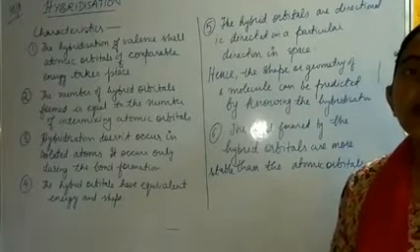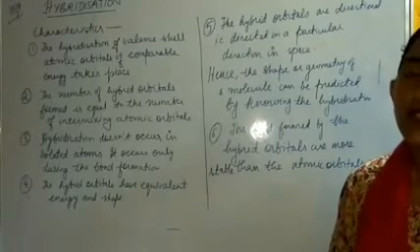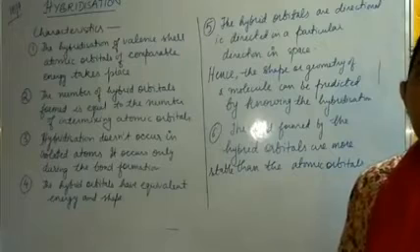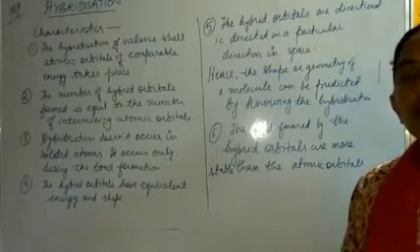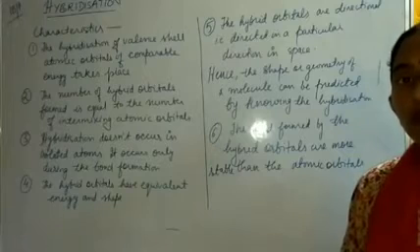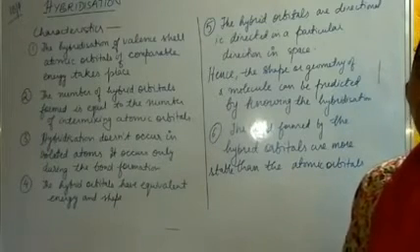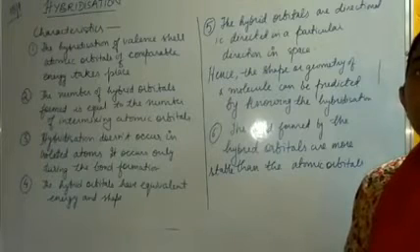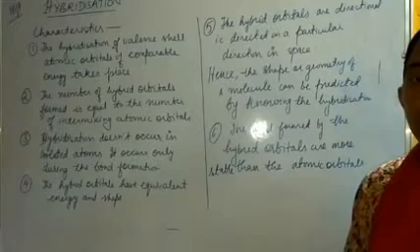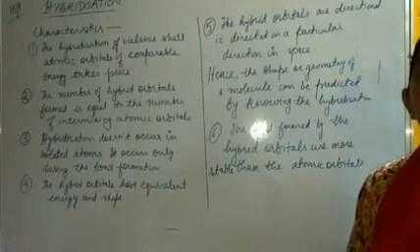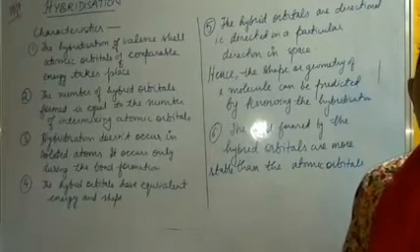Now the hybrid orbitals which are formed will be equal in number to the intermixing atomic orbitals. If the intermixing atomic orbitals are 2, the hybrid orbitals which will be formed will also be 2, right? Then next is that the hybrid orbitals are directional. That means they are directed in a particular direction in space, and hence by knowing the hybridization we can predict the geometry or the shape of the molecule.